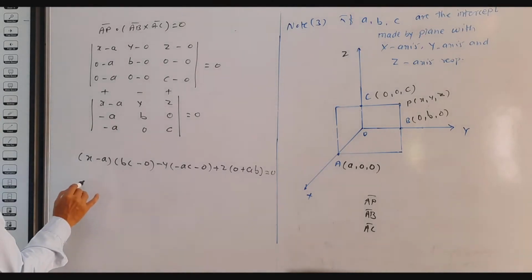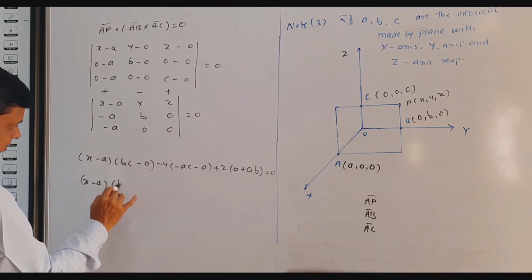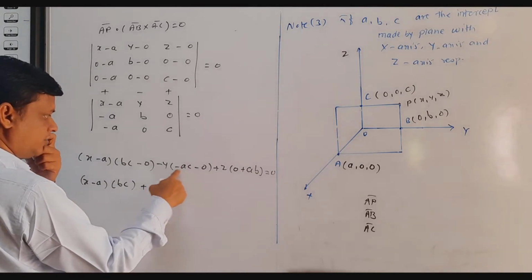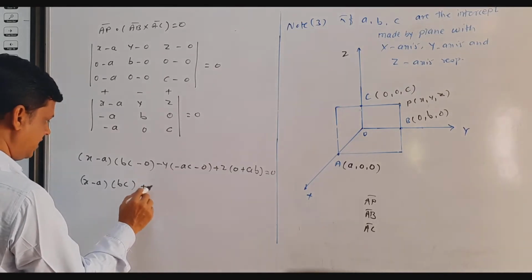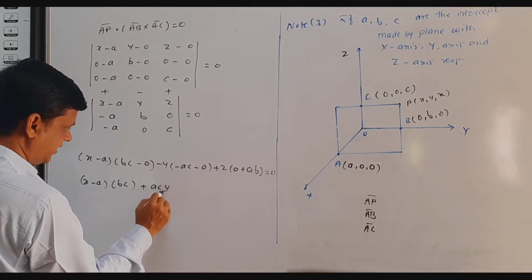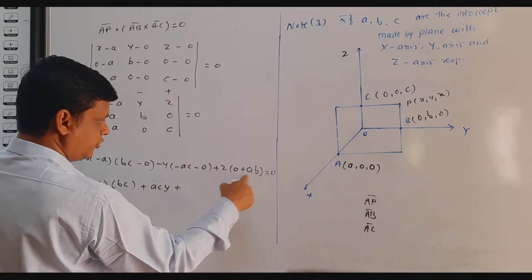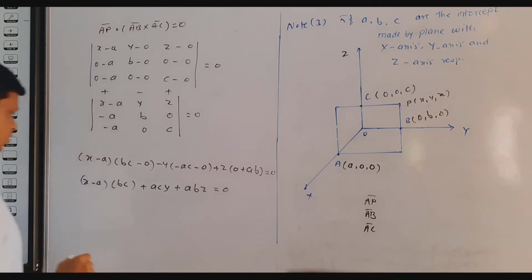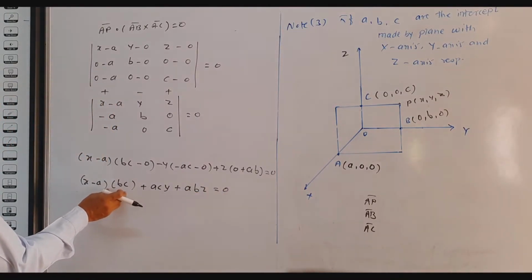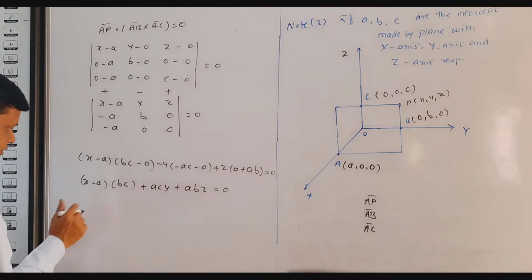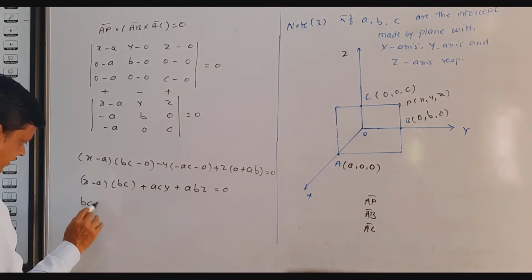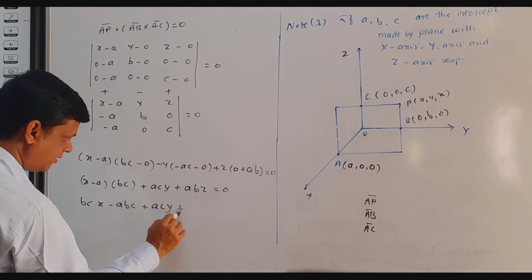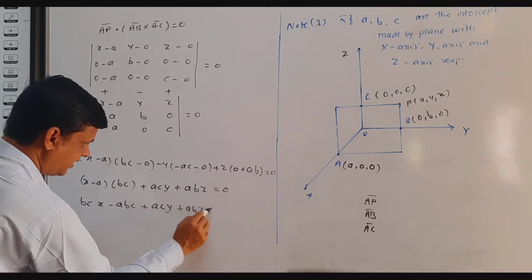So we write this as x minus a into bc, plus ac into y, and plus ab into z is equal to 0. Now multiplying the bc to both terms, we write bcx minus abc plus acy plus abz is equal to 0.